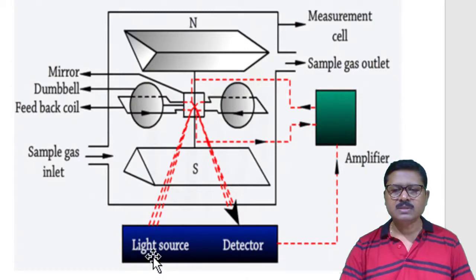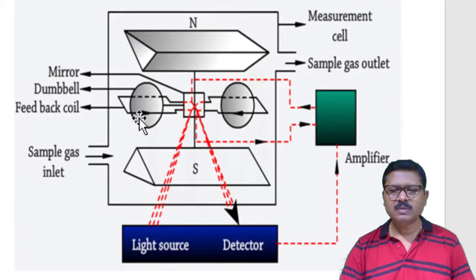There is a light source. The light from this source is reflected from the mirror and it will come to a detector. The detector detects the amount of light and ultimately produces the electrical output. A coil surrounds the dumbbell arrangement, and current is flowing through this coil.